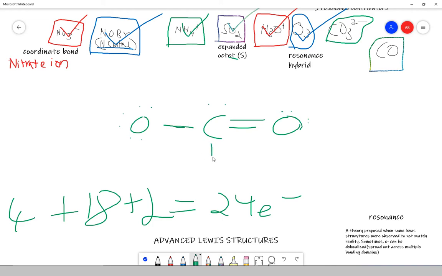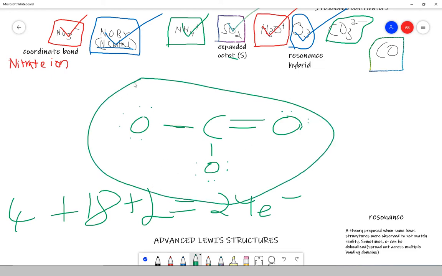Oh, whoops, I totally forgot we need our other oxygen. So this should work out now. 2, 4, 6, 8, 10, 12, 14, 16, 18, 20, 22, 24. So this should be the right Lewis structure for this one.